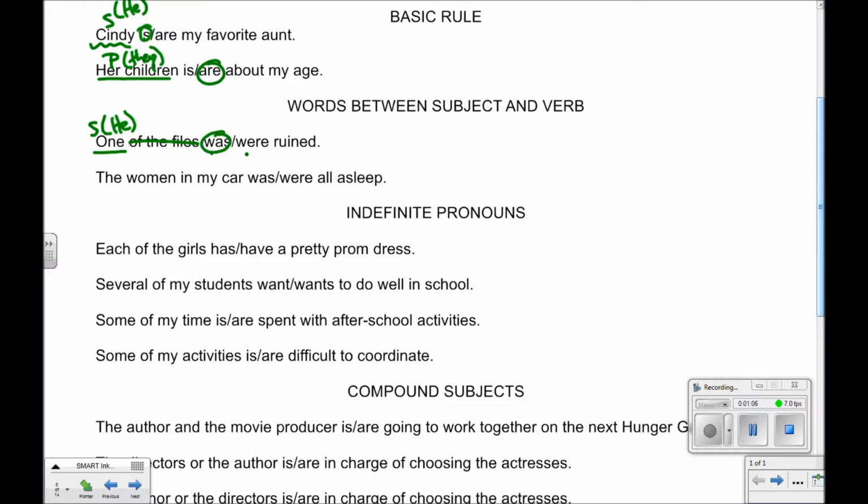I would say he was. Was is the singular verb. For the second example, again, I need to get rid of the prepositional phrase and look at the true subject, which is women. Women is plural, so I can plug in the pronoun they. Would I say they was or they were? Were is the plural verb.